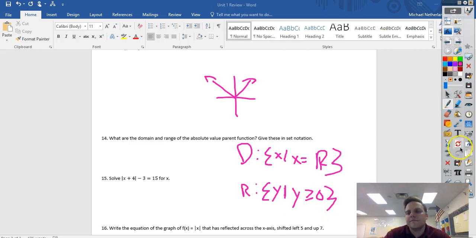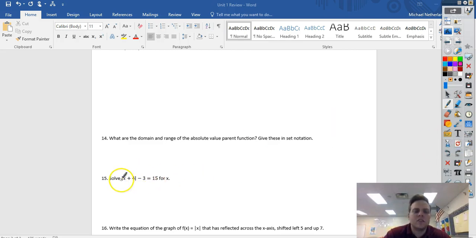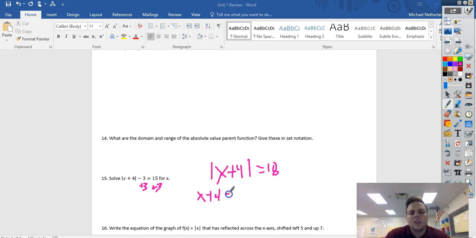Alright? Let's try problem 15. Solve. So I need to get the absolute value by itself. So I add 3 first. So I get the absolute value of x plus 4 is equal to 18. So now that I have the absolute value by itself, I can set up my two equations. X plus 4 is equal to 18.